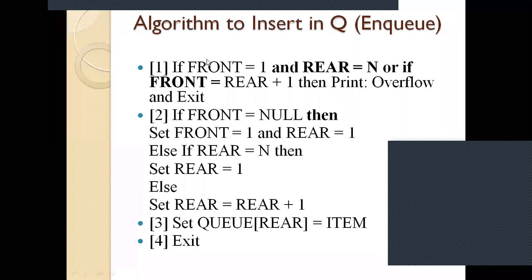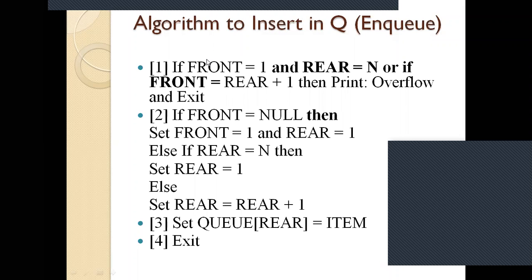Okay, can you now please write down a few lines for the deletion algorithm? Suppose you have to delete from the queue. What are the different things that you need to remember in that case? First condition, whenever you want to delete: is there any element in the queue or not? Because if there is no element, then you can't delete.